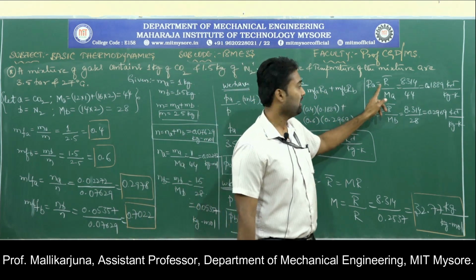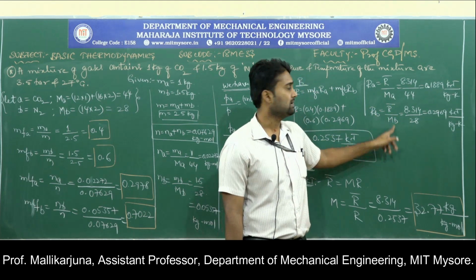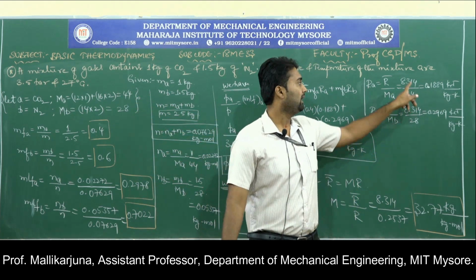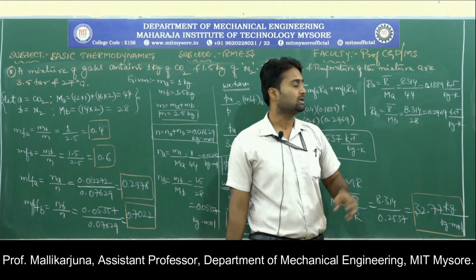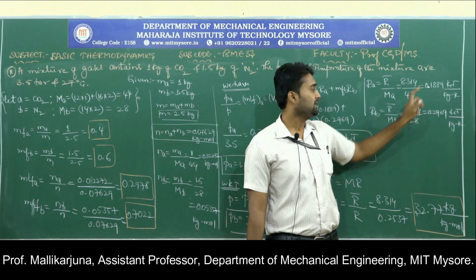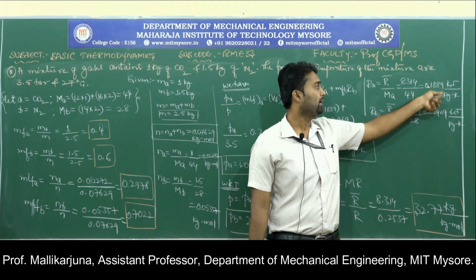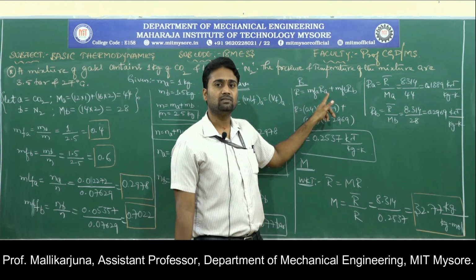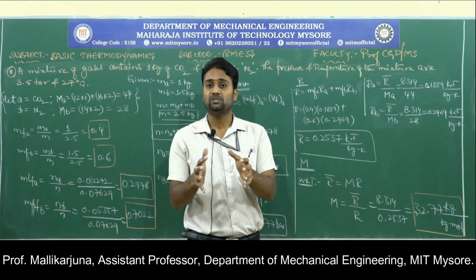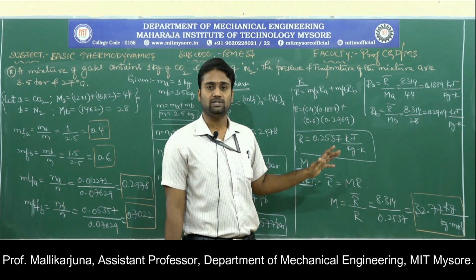For RA I have formula R bar divided by molecular weight of A, RB is R bar divided by molecular weight of B. You are aware of molecular weight of A and B, you have calculated as 44 and 28, and R bar is nothing but the universal gas constant. 8.314 divided by 44 will give us the R for constituent gas A, 8.314 divided by 28 will give us the R for constituent gas B. By taking those two values, upon substituting in this equation, I will get R. This R is nothing but gas constant of mixture of ideal gases, which is nothing but 0.2537 kilojoules per kg Kelvin.